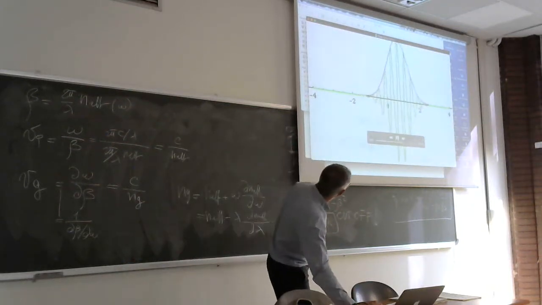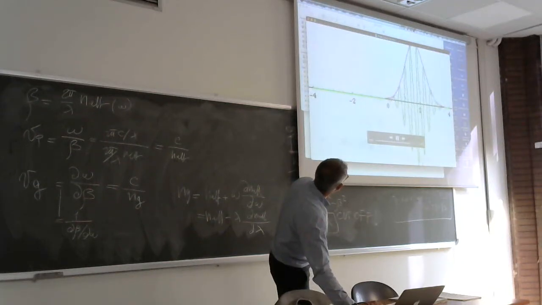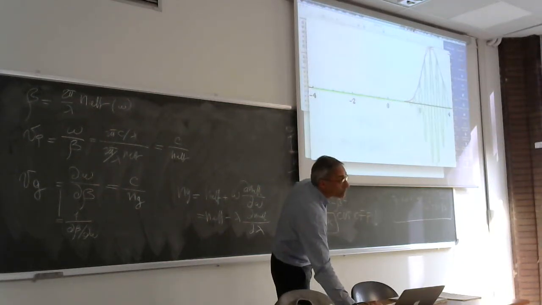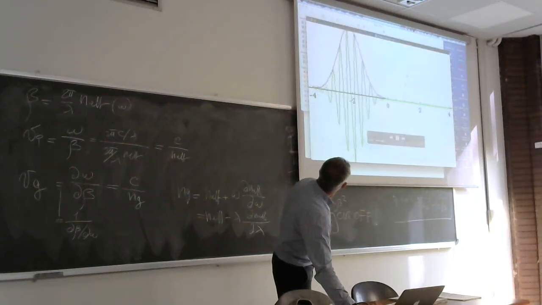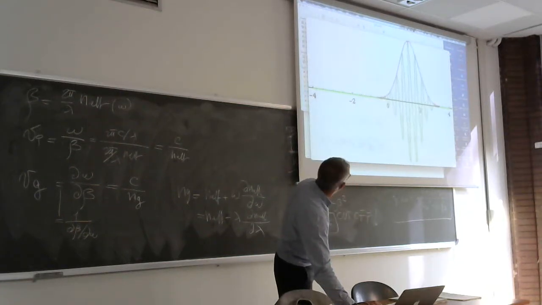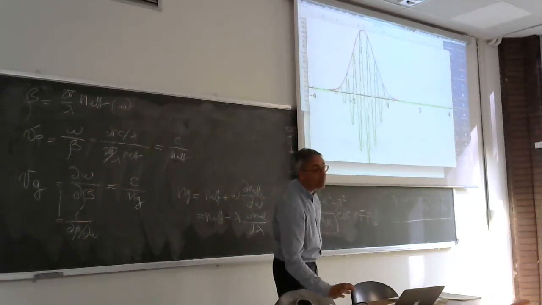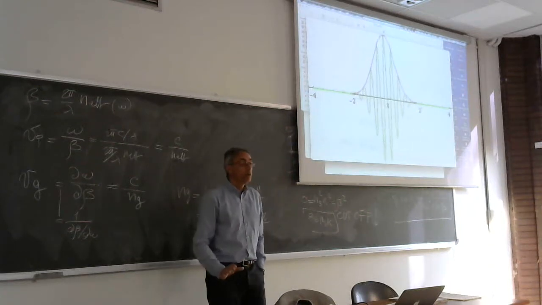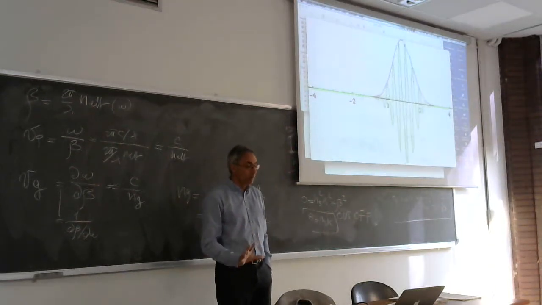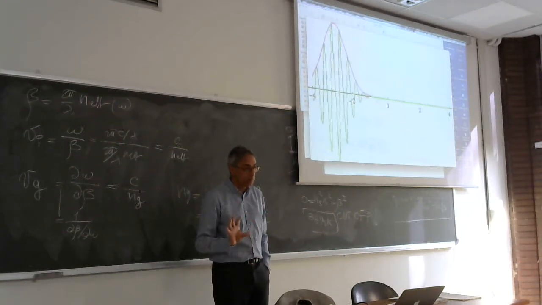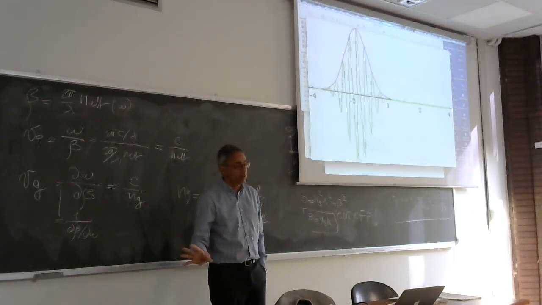So here you see in green the carrier, so the phase, and you see that it moves at a different speed with respect to the envelope that is in magenta. So the two speeds are different, and usually the group speed, the speed of the energy, is lower than the phase velocity.